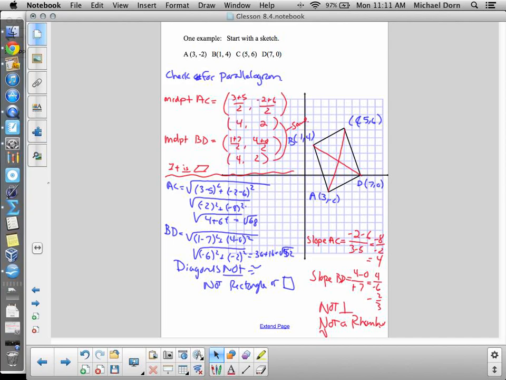Distance formula does not measure parallel. Distance formula measures congruence. Slope measures parallel. So you have to know the formulas, how to use them, and what they're measuring. And for these types of problems, that's a pretty typical amount of work that needs to be done for one problem.